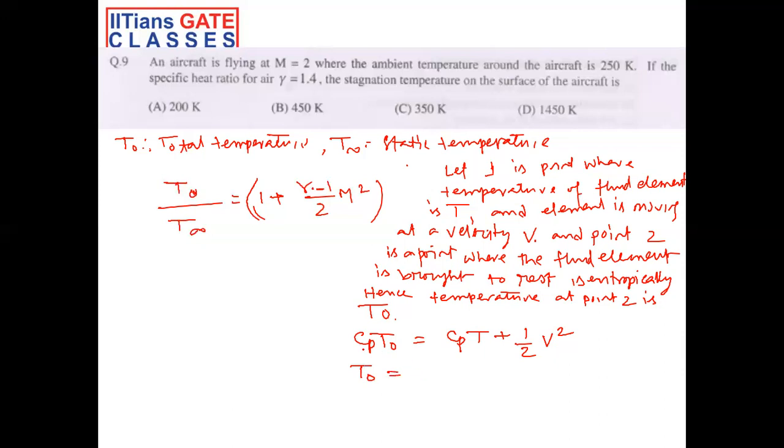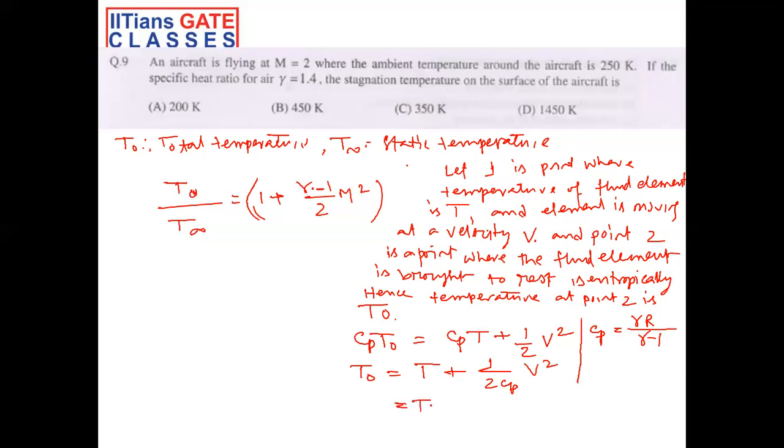So if we simplify this equation, if we take common Cp both sides, then it will be plus 1 by 2 Cp v square. And as we know that Cp can be denoted as gamma R by gamma minus 1, where gamma is basically the ratio of specific heats Cp and Cv, and R is gas constant.